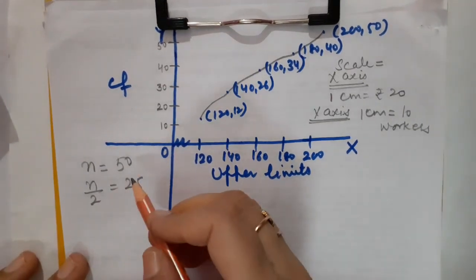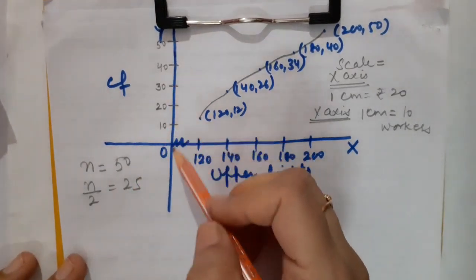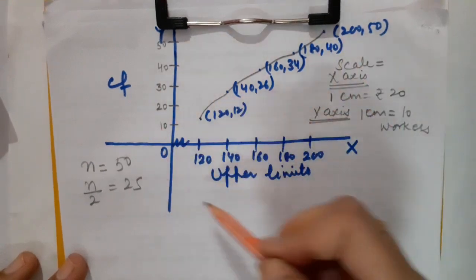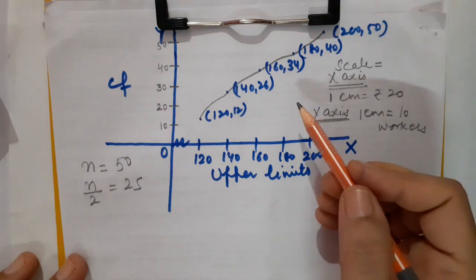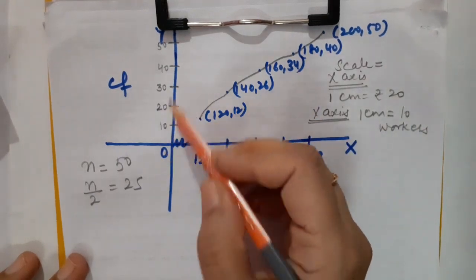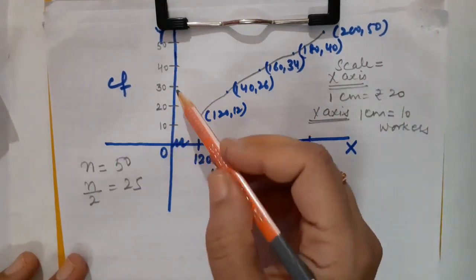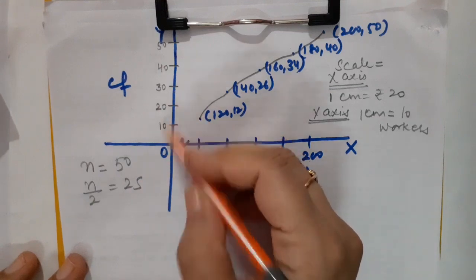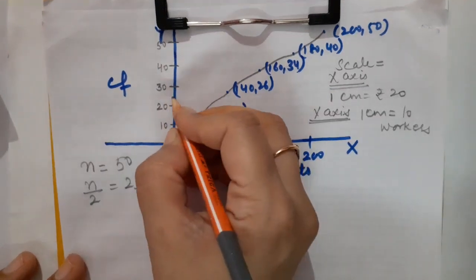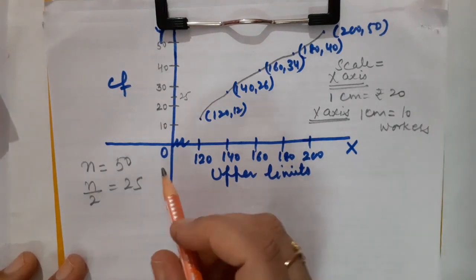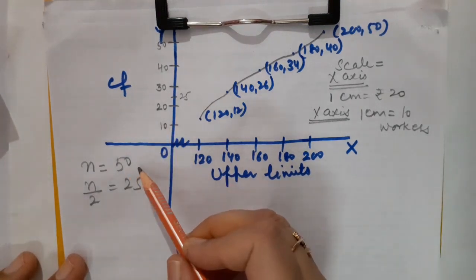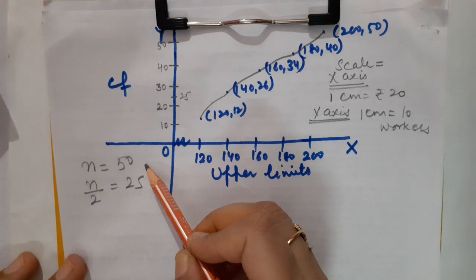So children, for finding the median from cumulative frequency curve, either using less than ogive or more than ogive, you are supposed to locate n by 2 on y-axis. Means you have to find 25 on y-axis. So it will be approximately here. Yes or no? Okay.